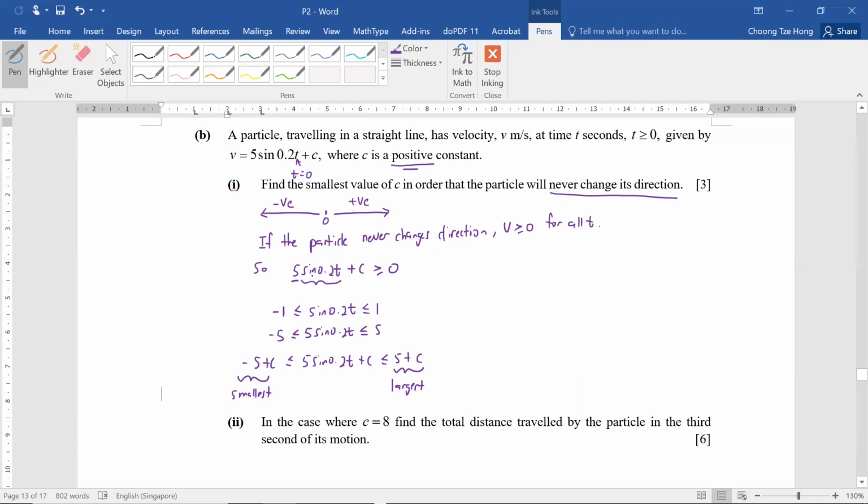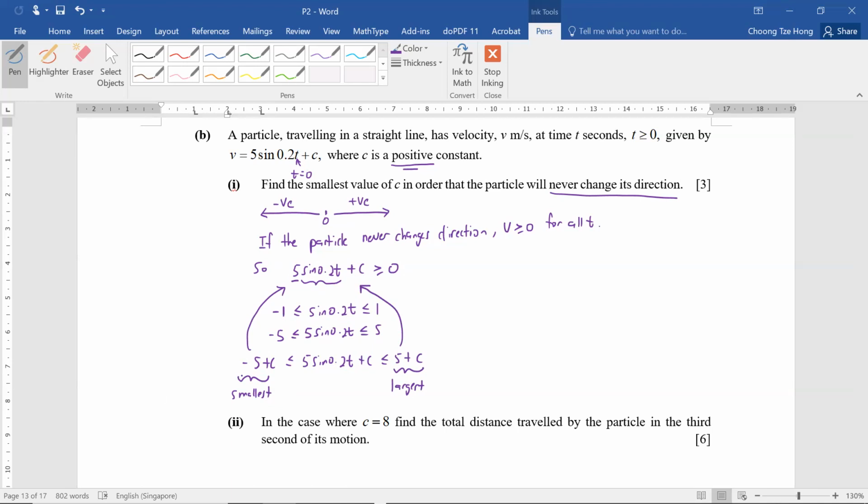In order for this inequality to be satisfied all the time, do we put the smallest value greater or equal to 0, or the largest value? If you think carefully, we should be putting the smallest value to be greater or equal to 0, instead of the largest value.